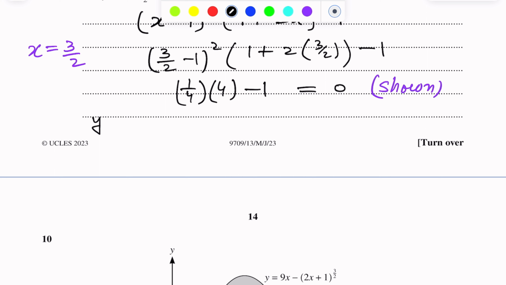Y is equal to x plus 1 over (x minus 1) square plus 2.